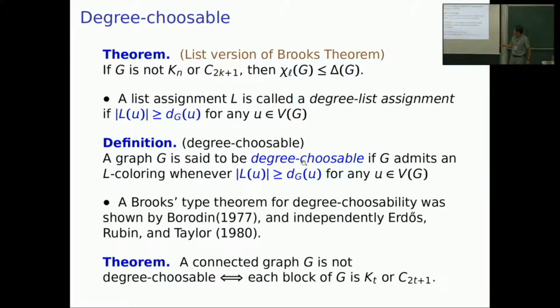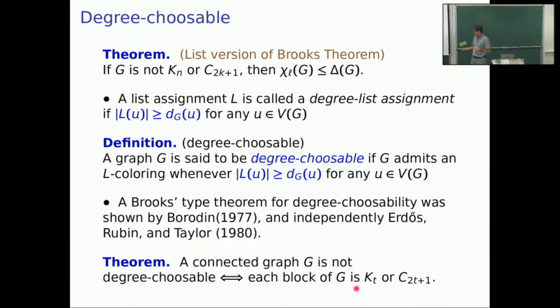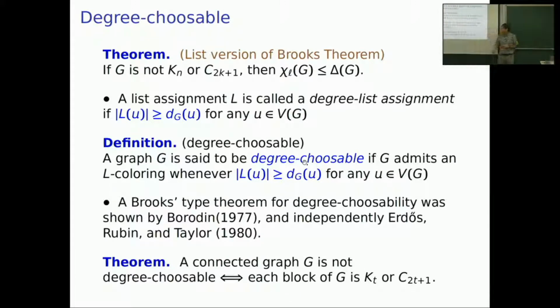And the nice property, a very nice theorem, is that a graph G is not degree choosable if and only if each block is a complete graph or odd cycle.